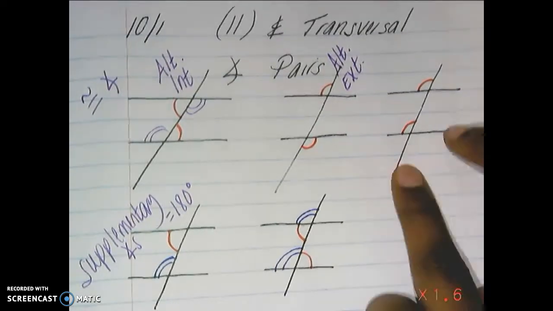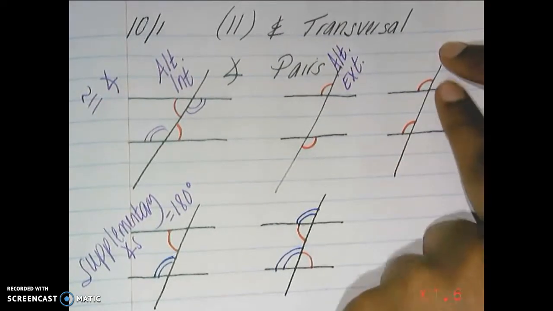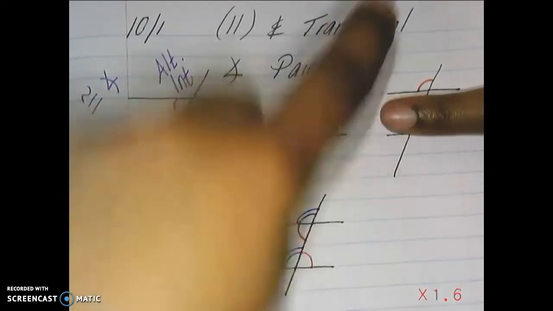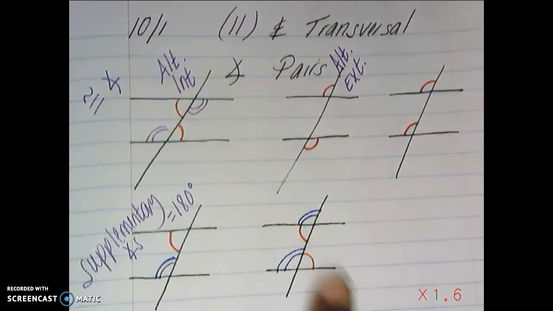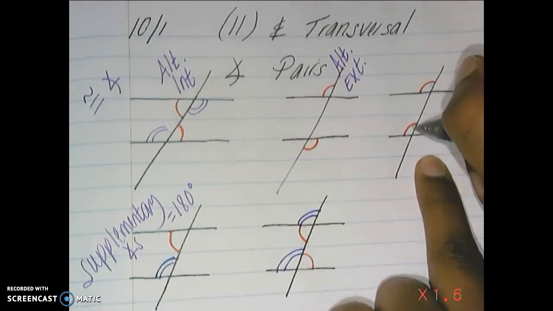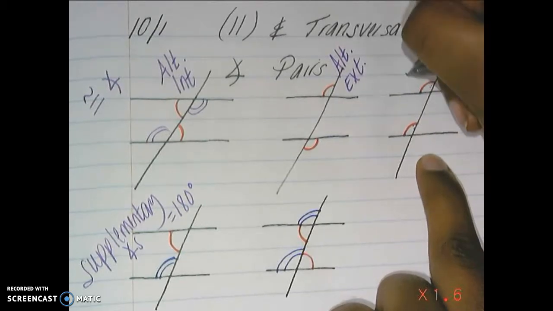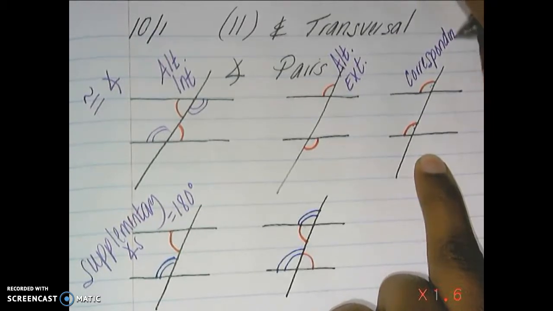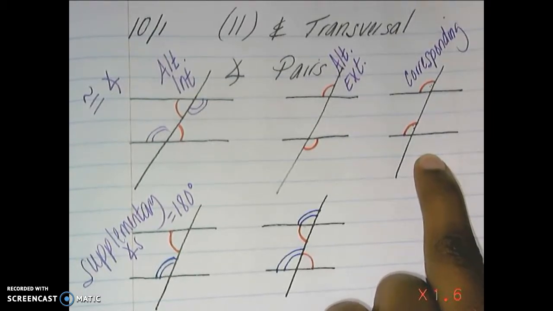The last pair here, one is on the interior, one is on the exterior. But what happens is these two angles are in the exact same position. So these two angles will be called corresponding angles. And corresponding angles are congruent.